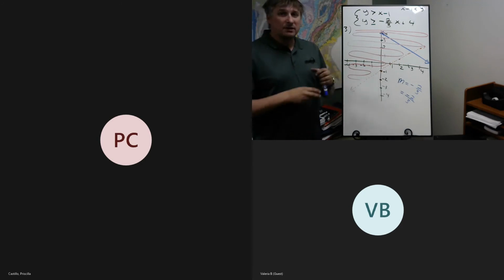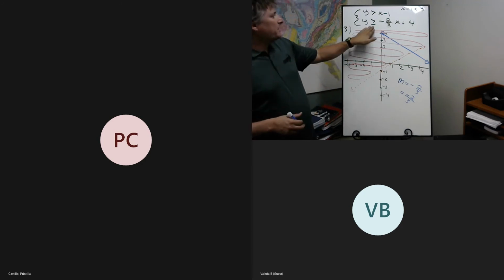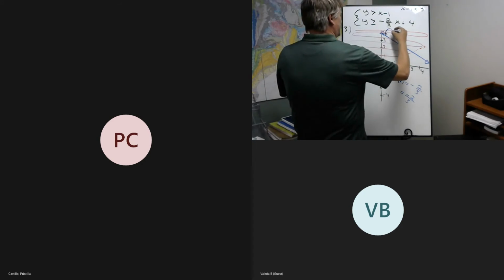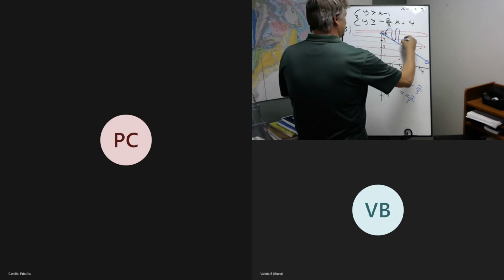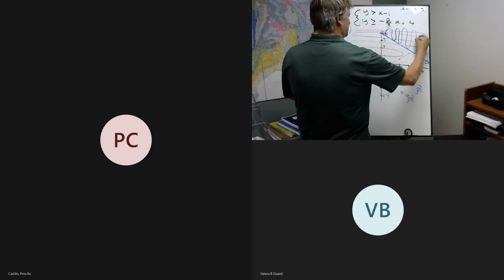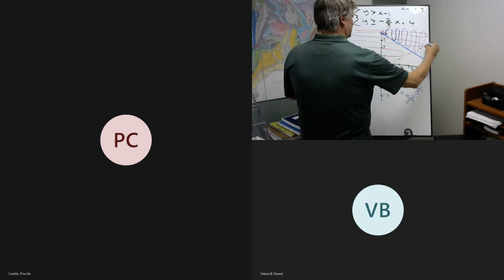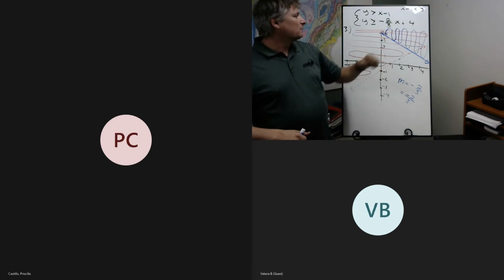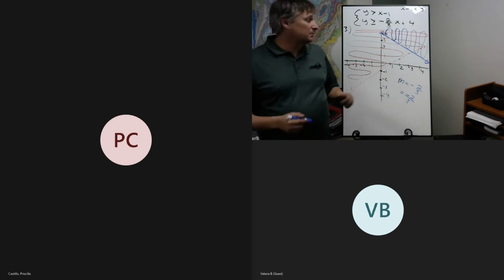We're going to shade above the line. And since we have y greater than or equal to, we're going to shade above this line. And where these intersect, where they overlap, that's going to be our solution.